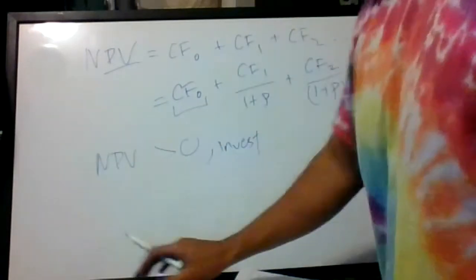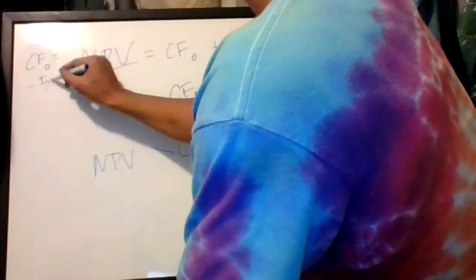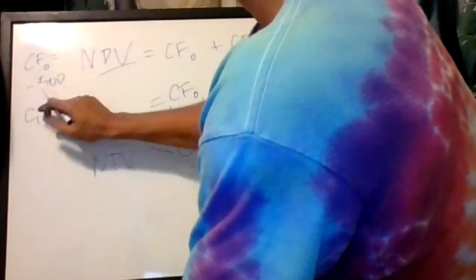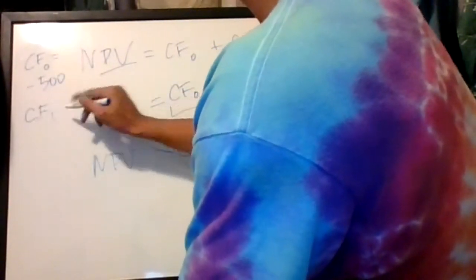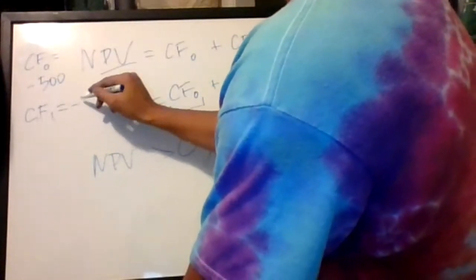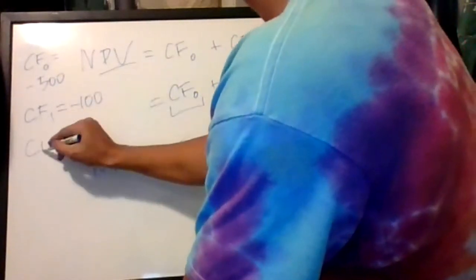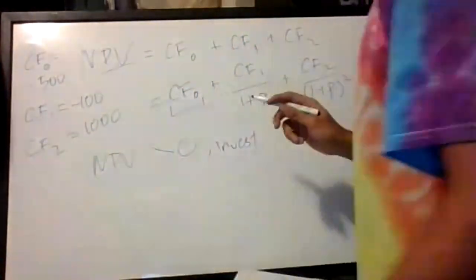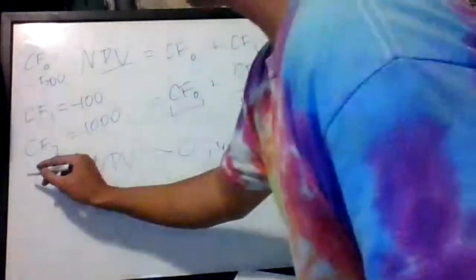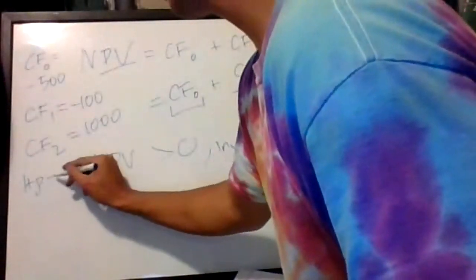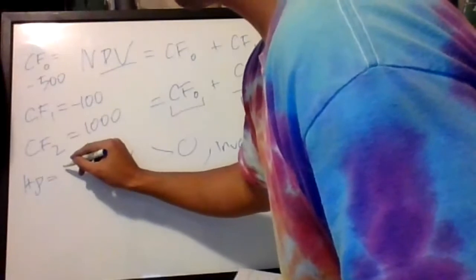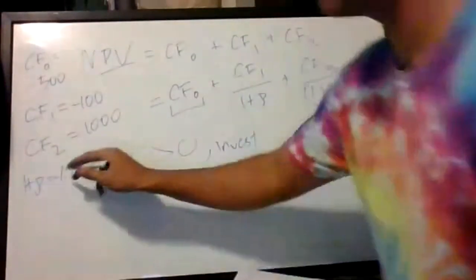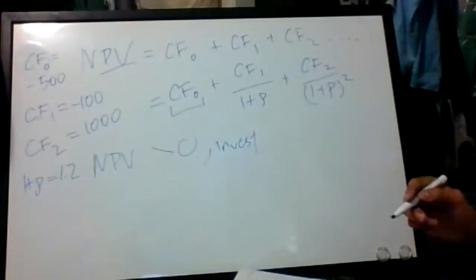Let's say that cash flow 0 is equal to negative 500, cash flow 1 is equal to negative 100, and cash flow 2 is equal to 1,000. And let's say that 1 plus rho is equal to 1.2, so there's a 20% real interest rate.